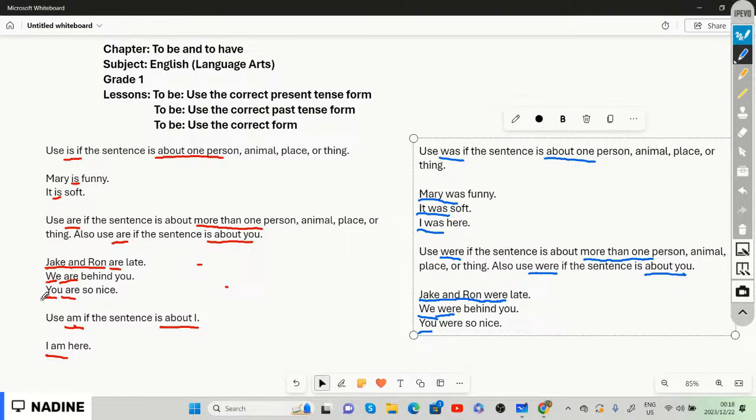And we use am in the present tense if the sentence is about I. And then we said in the past tense, we use was to refer to one person, animal, place, or thing. And we use were if the sentence is about more than one person, animal, place, or thing, and that is in the past. And we also use were if the sentence is about you.